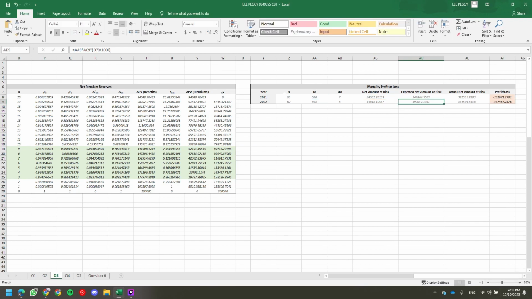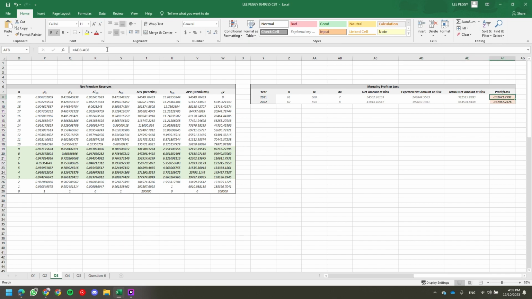We do this for both x equals 61 and 62, and move on to calculating the actual net amount at risk. For this value, we use dx over lx instead of the qx we used here, because this is the actual death rate for that year. So we multiply the net amount at risk by lx and dx over lx for both years.